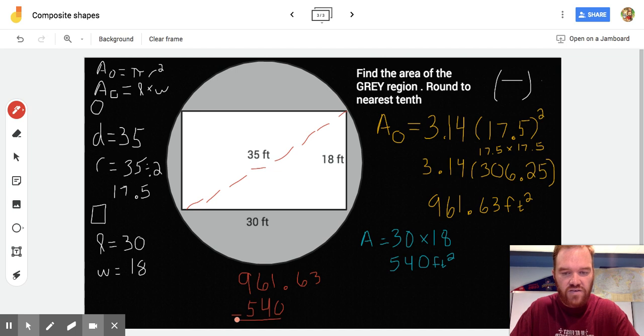When we do that, we get 421.63 feet squared. So that is the area of the gray section rounded to the nearest tenth.